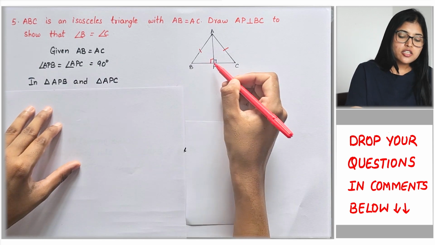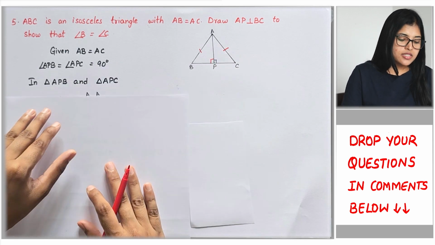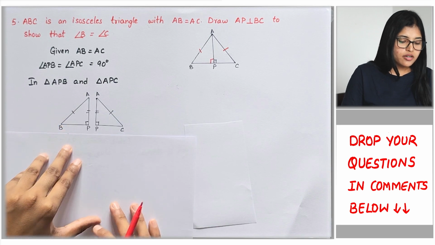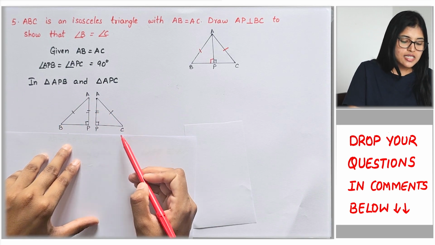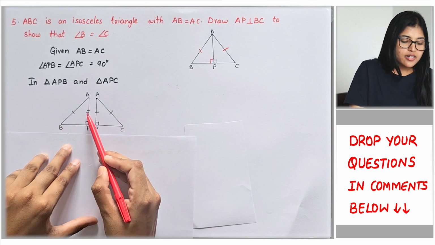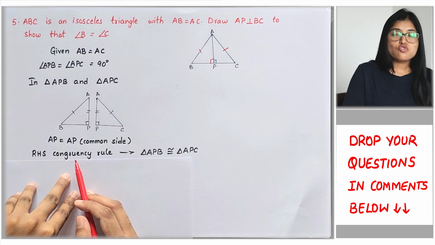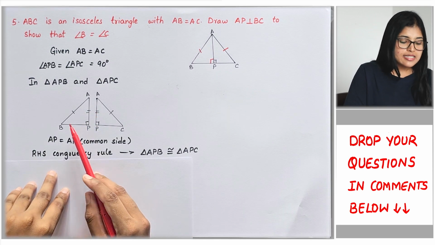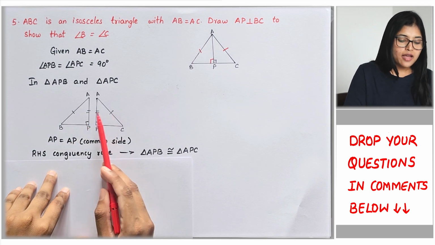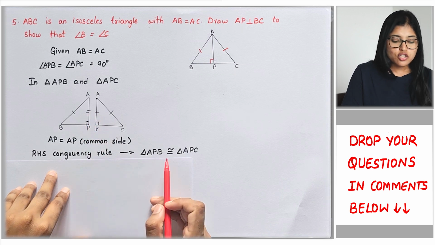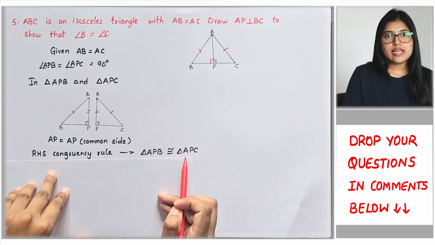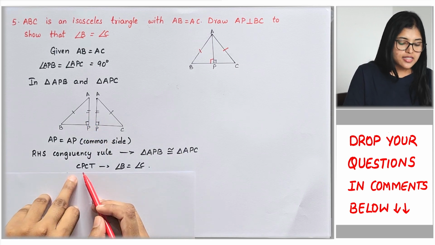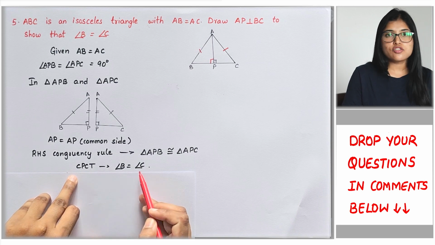Now I will take these two triangles APB and APC and draw them over here. I know that AB and AC are equal. This is a right angle in both and these two sides are equal. So from the RHS congruency rule, I can say that one right angle, one hypotenuse and one side are equal. So APB is congruent to triangle APC. From this, I can say by CPCT angle B equals angle C.